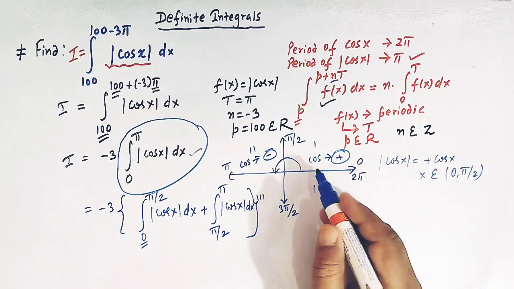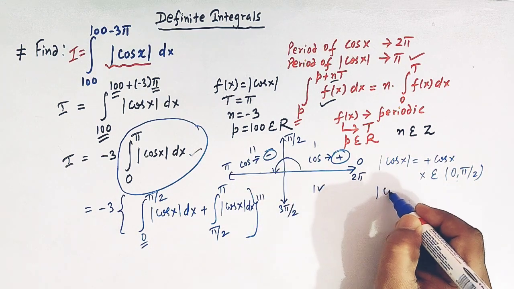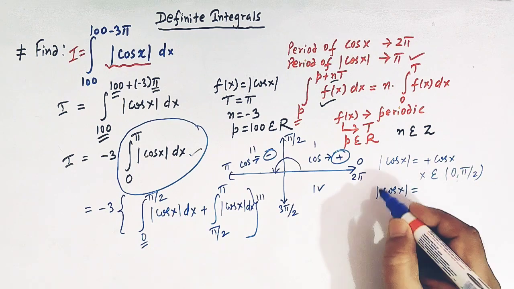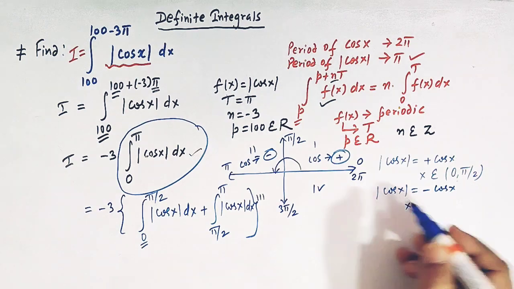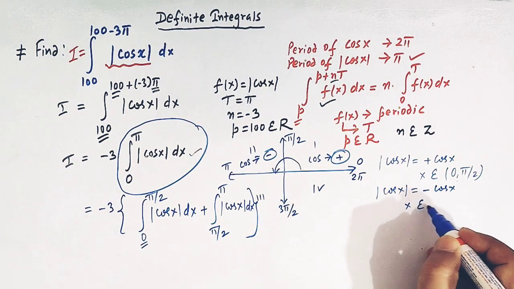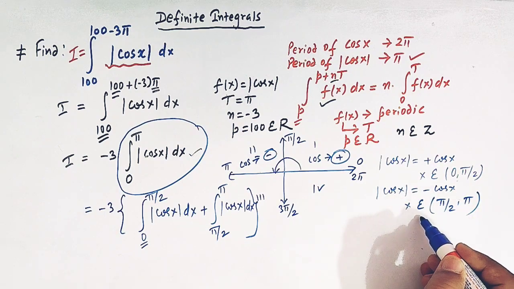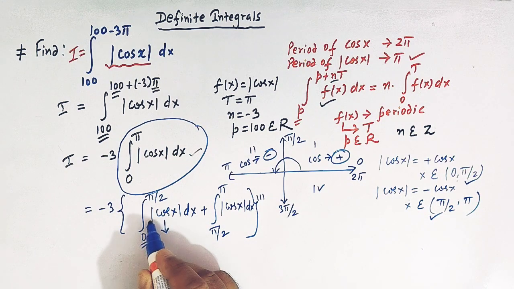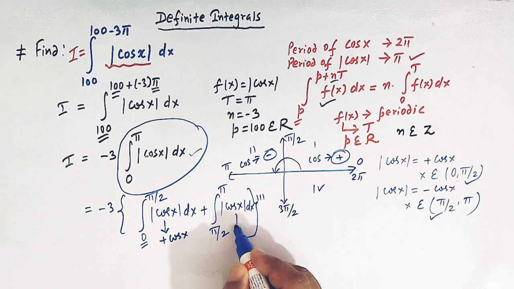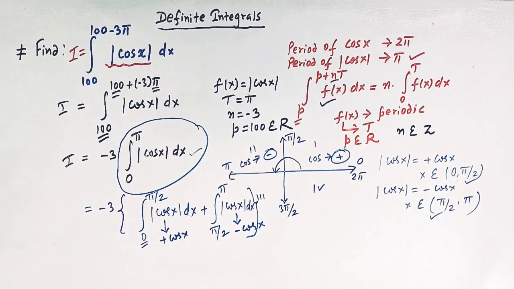In the second quadrant, mod of cos x is equal to negative of cos x, because x lies in the interval pi by 2 to pi. So here mod of cos x is replaced by positive cos x, and here by negative cos x.